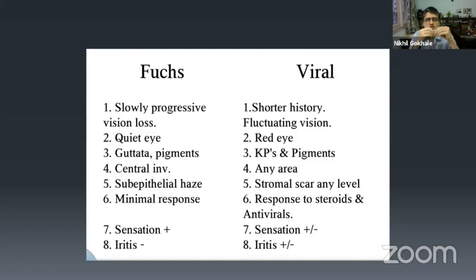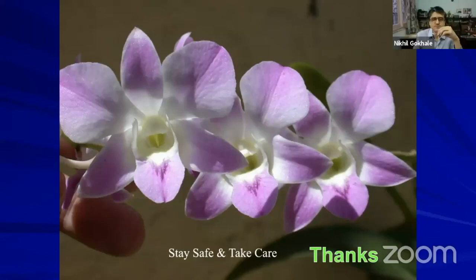The response to steroids and antivirals in a patient who has viral disease will help us to distinguish, because in Fuchs dystrophy, we don't expect any response to antiviral therapy. And the presence of iridocyclitis with a dull sensation will further strengthen our thought process regarding a viral etiology. So when we look at all these features, sometimes in unilateral situations, it helps us to distinguish what we are treating and make a better decision.